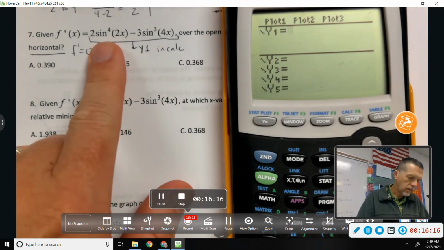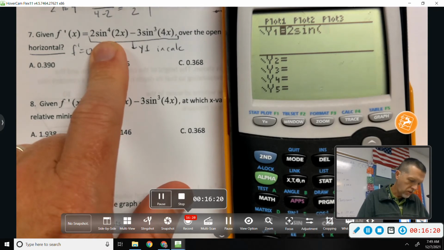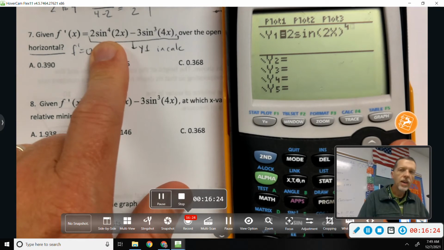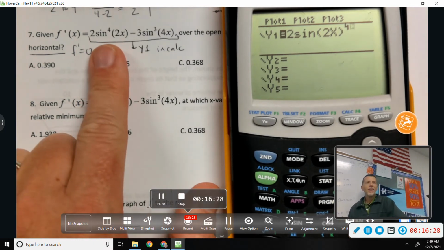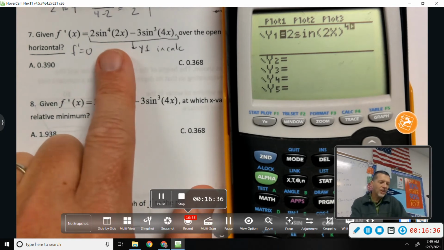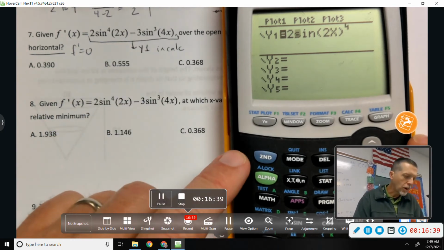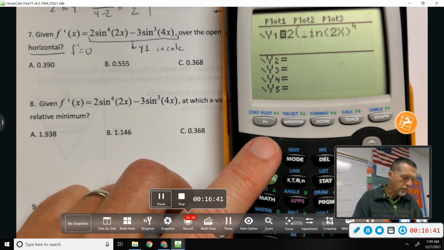Oh, calculator usage. 2 sine of 2x to the 4th. Do you know if that's raising 2x to the 4th or sine to the 4th? It's actually raising sine to the 4th, but if you're not sure, it's probably safer to make sure.